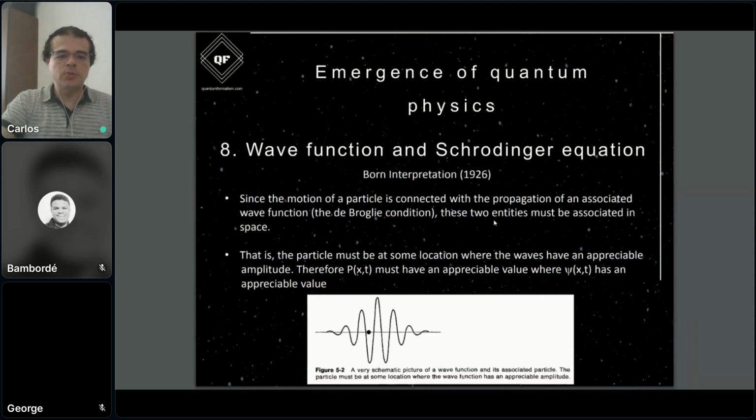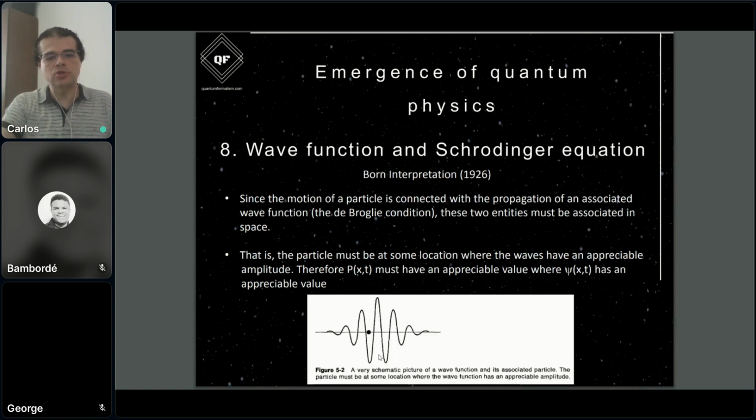So the interpretation, I think we're late now. The interpretation is that we cannot say that the electron is located in one position. What we can say is, once you solve the Schrödinger equation, this is my solution for the probability to find the electron.